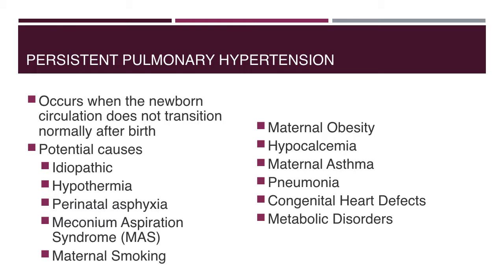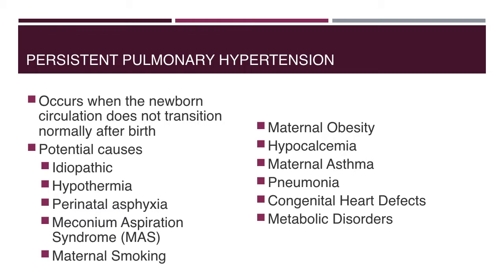Maternal obesity, hypocalcemia, maternal asthma. If you think about it, asthma is often passed from one generation to the other. The mother has lungs that are very sensitive to stimuli. The child could as well.